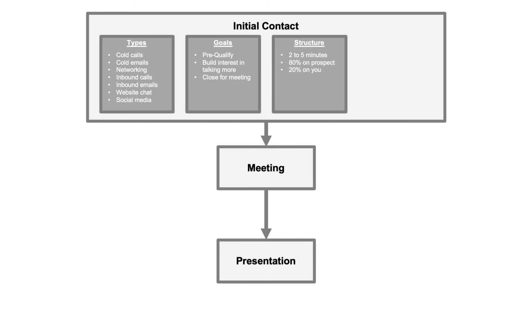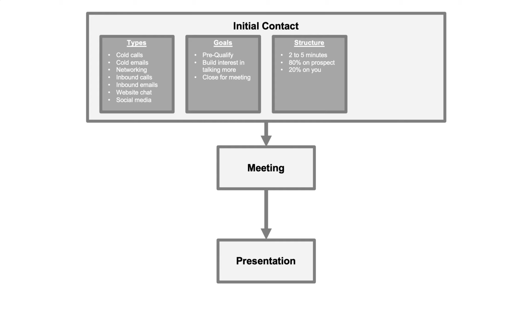Now, the structure for the initial contact is a very short conversation. So it's 2 to 5 minutes. And one of the core concepts of the SMART sales system was focus more on the prospect and focus more on their interests. So to cater to that, we want to focus 80% of the initial contact on the prospect and 20% on you.